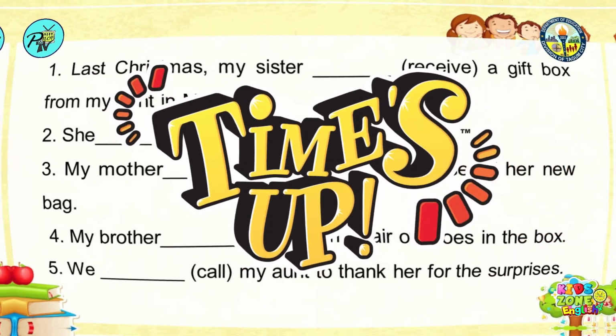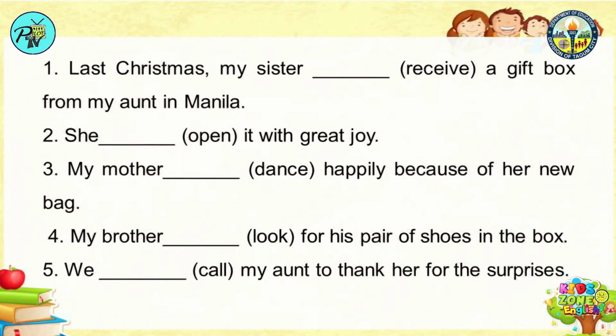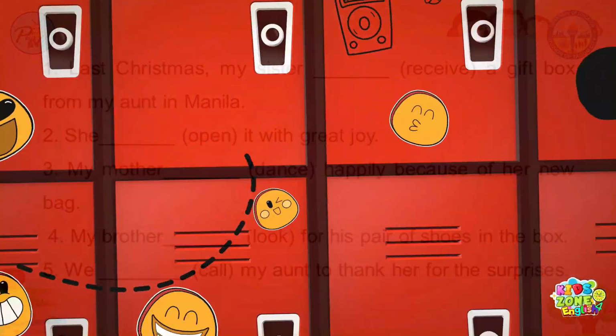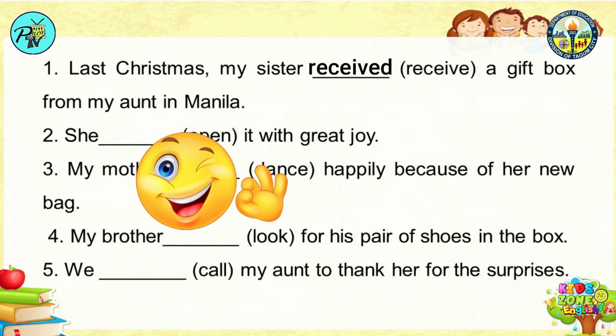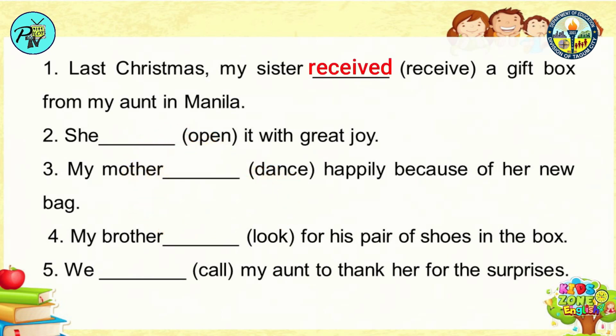Time is up. Now, let's check your answers. Item number 1. Do you know the correct answer? Correct! The answer is received. Number 2. You got it right. The answer is opened. Number 3.